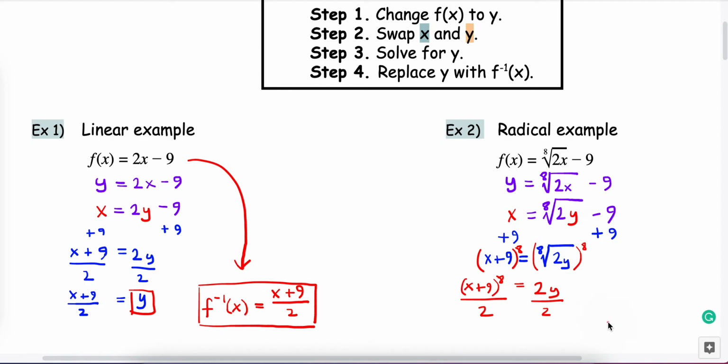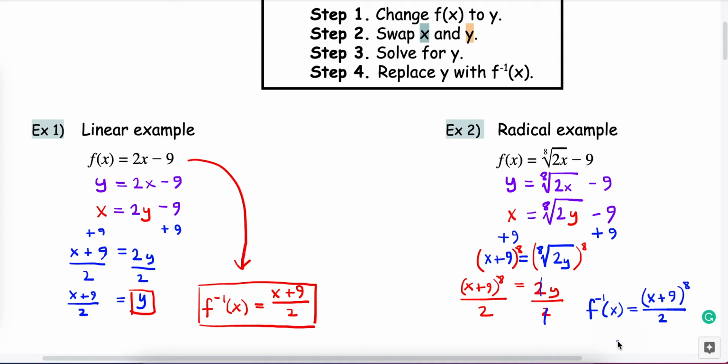So in this case, we have f inverse of x, replacing the y here that we canceled out, equals x plus 9 to the power of 8 over 2. Okay, so that's those two solved for us.